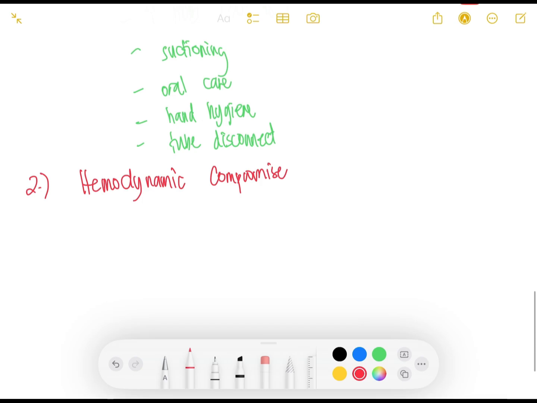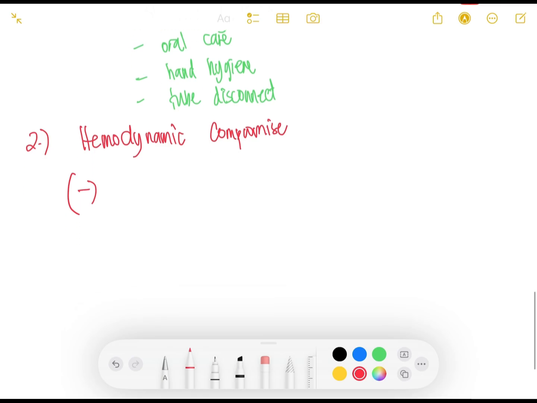Because under normal circumstances, di ba, I've mentioned it already earlier, na yung pressure between or inside the intrapleural space or the intrathoracic cavity is negative pressure. Okay, ngayon, yung negative pressure na yon, it helps in gas exchange, especially in venous return. Okay, nakakatulong sa venous return yung negative pressure na yon.